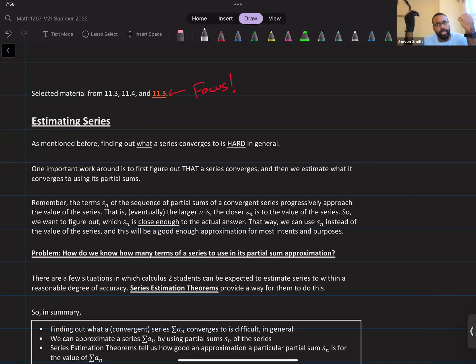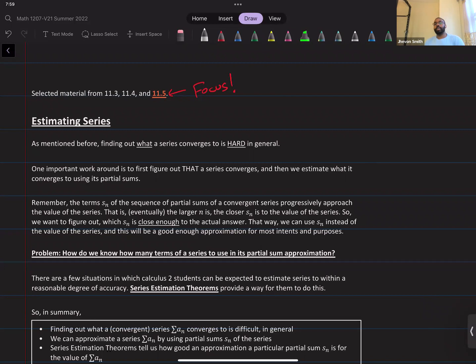So the idea is we want to approximate series. We want to estimate the series. As I mentioned, sometimes this is good enough, and sometimes this is better than actually having the actual answer. Even if you have the real answer, you can't do anything with it anyway. You would just use an approximation if you want to apply it in the real world.